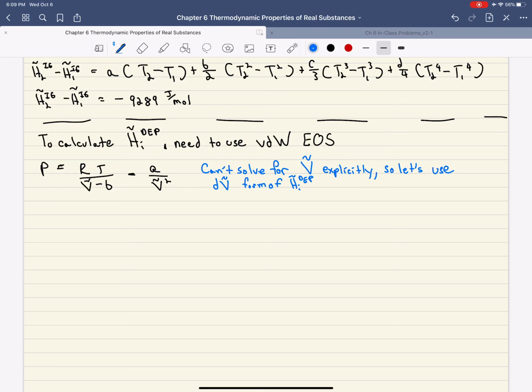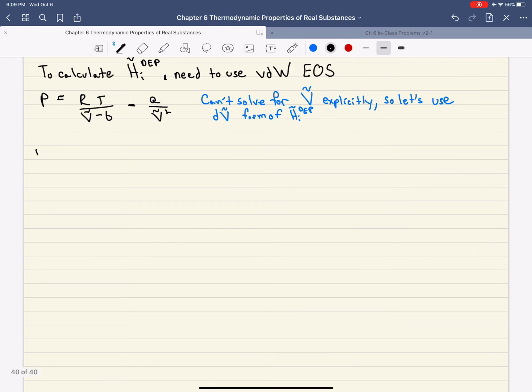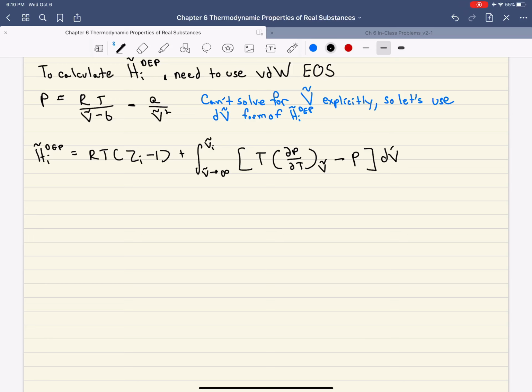Okay? All right, and what I mean by that is our H_i departure function is going to be equal to RT(Z_i minus 1) plus the integral from V going to infinity to V_i of that integrand.